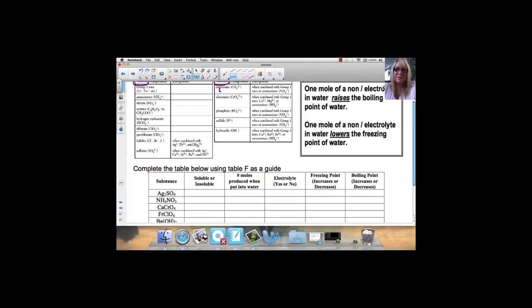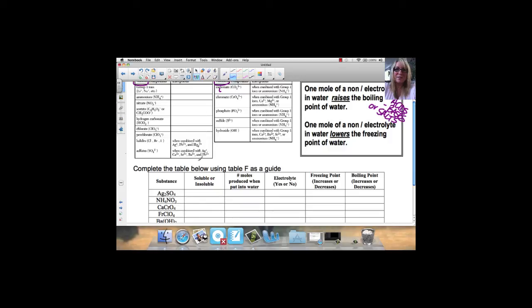Remember that an electrolyte is something that conducts electricity or has the potential to conduct an electric current. Electrolytes are acids, bases, or salts. So if I have an acid, base, or salt, it has the potential to conduct an electric current.